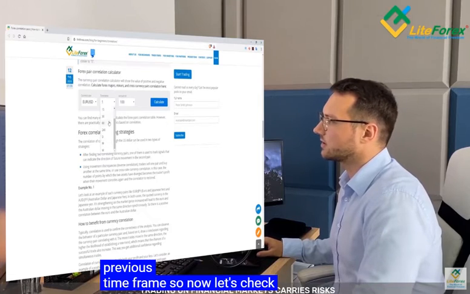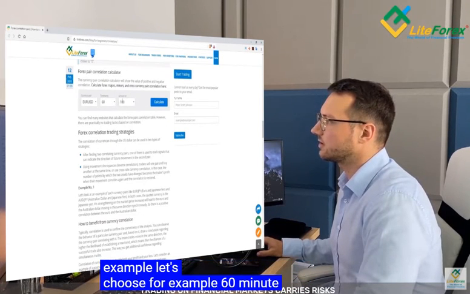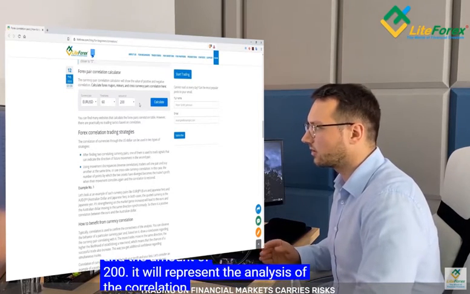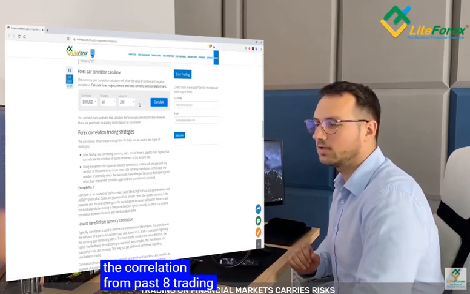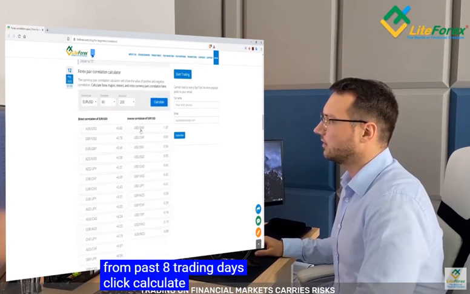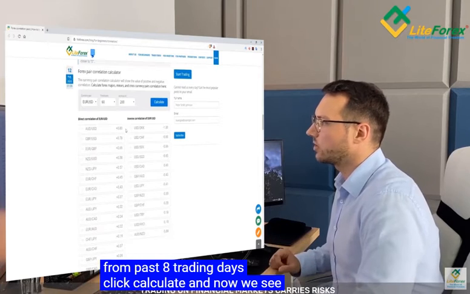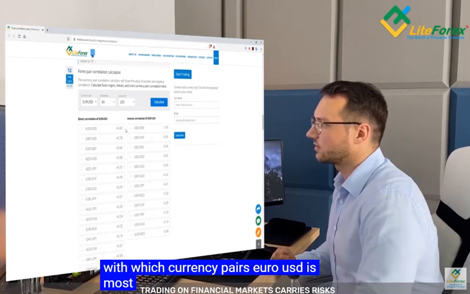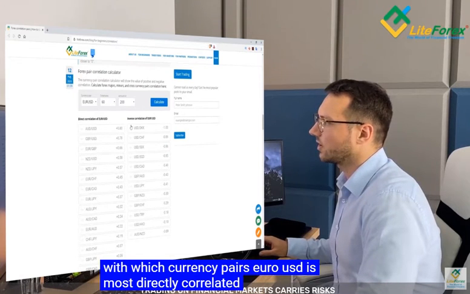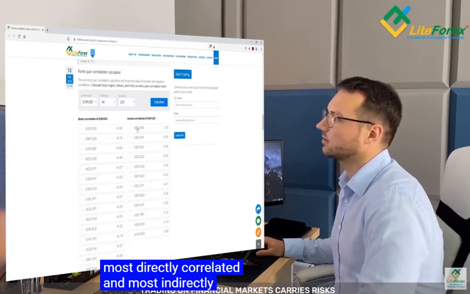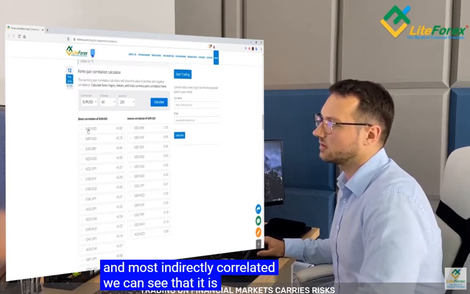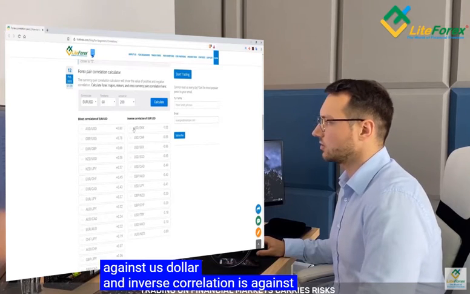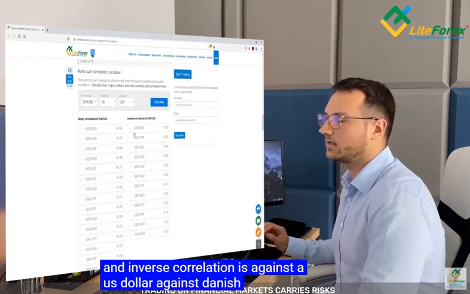So now let's check an example. Let's choose, for example, the 60-minute time frame and the amount of 200. It will represent the analysis of the correlation from the past 8 trading days. Click calculate, and now we see with which currency pairs Euro-USD is most directly correlated and most indirectly correlated. We can see that it is the Aussie dollar against the US dollar, and the inverse correlation is the US dollar against the Danish crown.